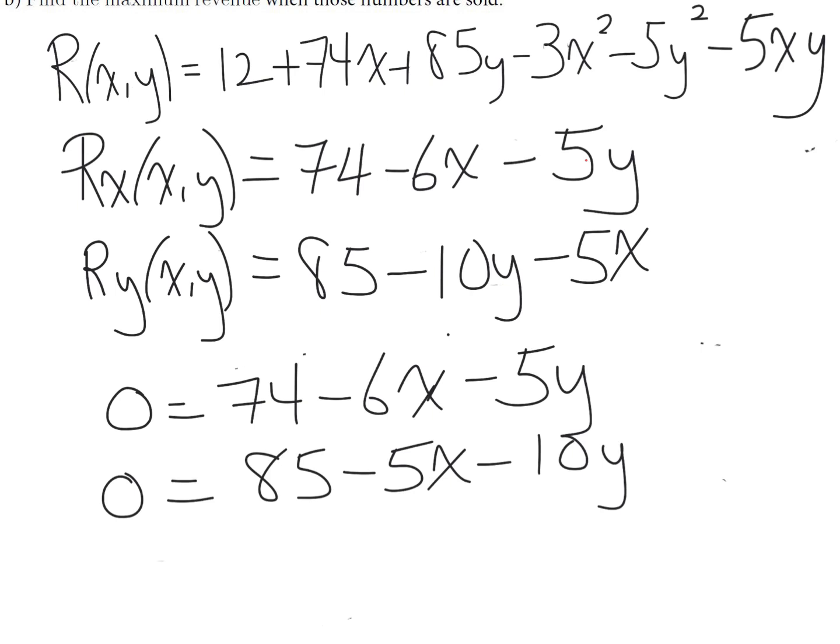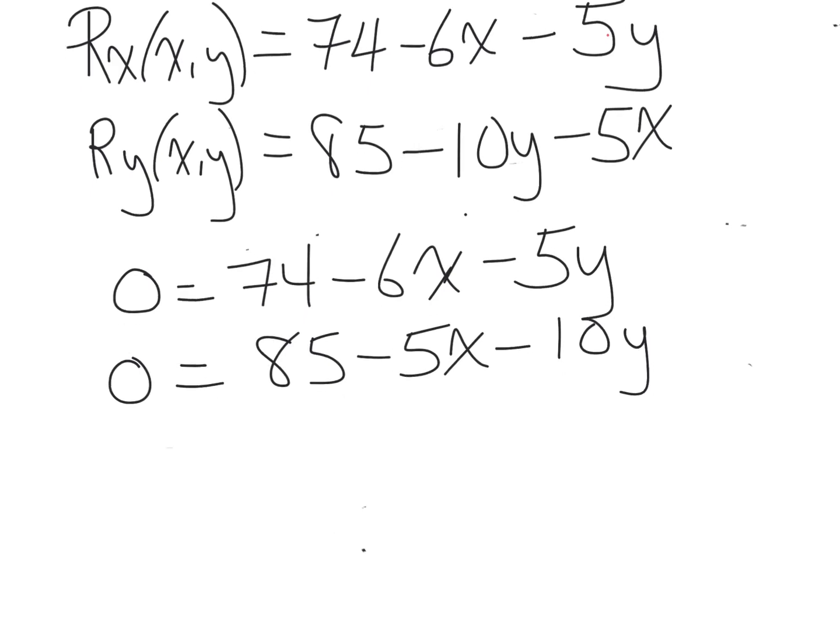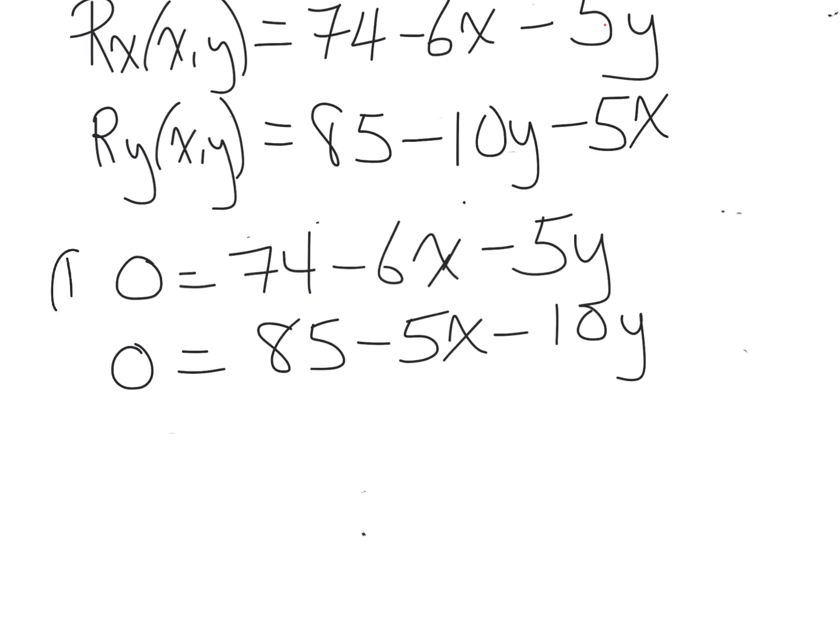So I now have minus 6x, and below that in the second partial derivative minus 5x, so they're lined up. And this allows me to consider if we're going to be doing elimination or substitution. When I'm looking at substitution, it's usually the best strategy when you have a coefficient of 1 in front of one of the variables, and we don't have that.